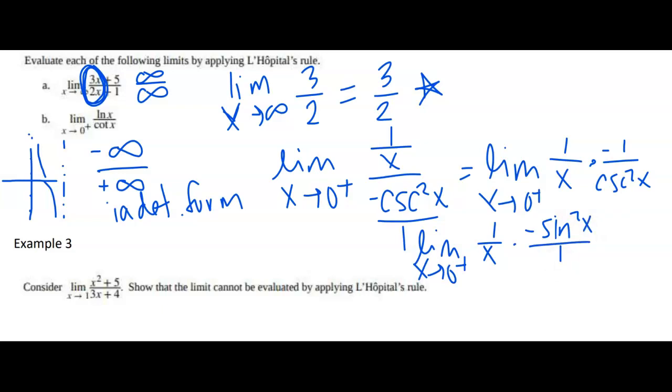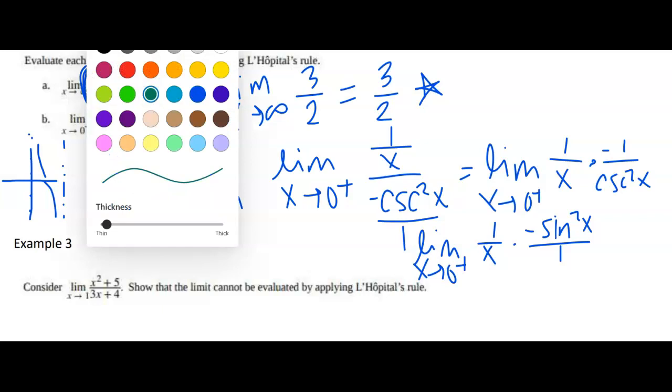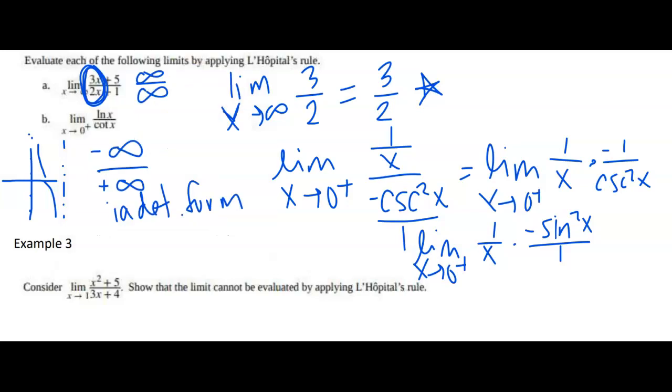All right, well, I might have to use L'Hopital another time here, because if I plug in 0, I'm going to end up getting 0 over 0 on this one. So I'm going to use L'Hopital's rule again and take the limit as x goes to 0 from the right.